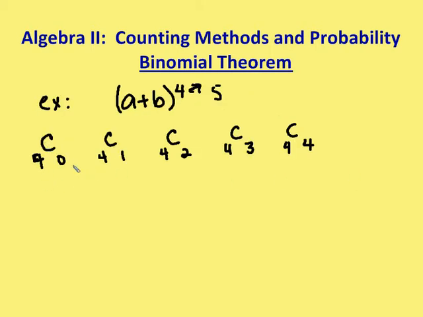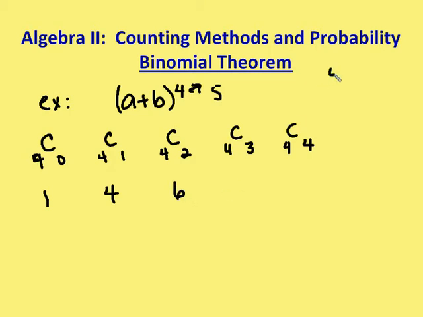So let's figure out what 4 choose 0 is. 4 choose 0 is just going to be 1. That's 4 factorial over 4 factorial. And 4 choose 1 is just going to be 4. That's 4 factorial over 3 factorial, which is just 4. And then 4 choose 2 is going to be 6.